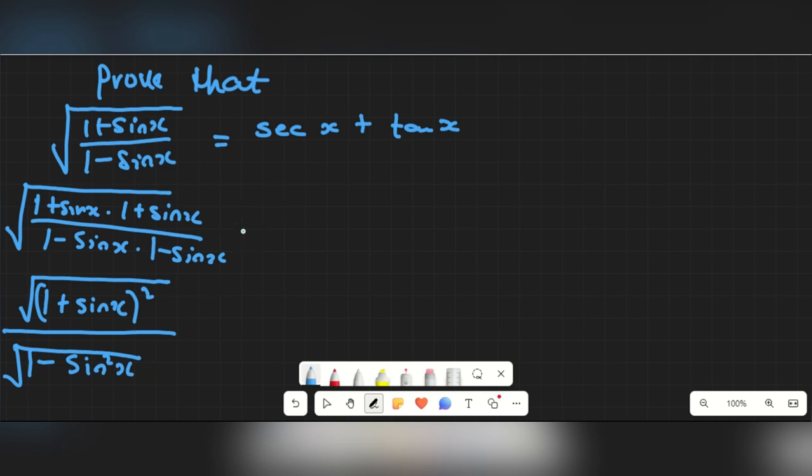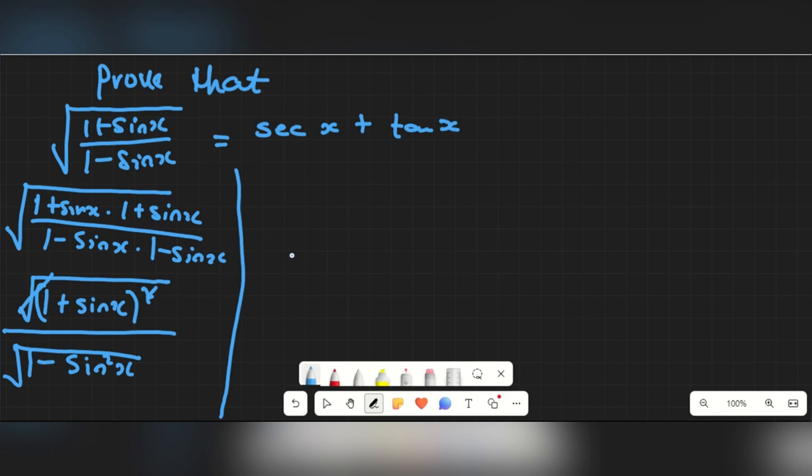So what we need to do is this. The square will cancel the square root, so we're going to be having, let me draw a line here. Oh sorry, the line is not straight. Let it just leave it that way.